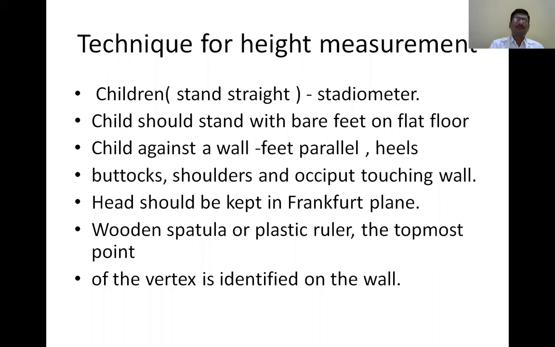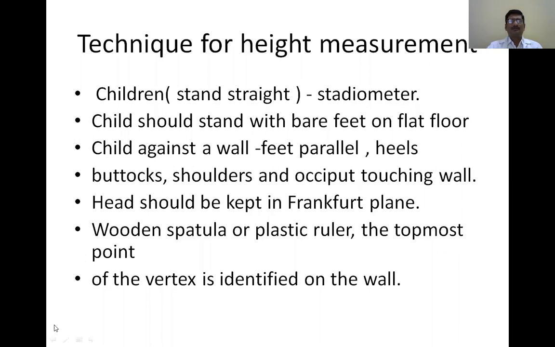Children about 2 years of age who can stand straight, we use a stadiometer, and the child should stand with bare feet on a flat floor. Suppose instead of the meter we are using the wall, the floor should be flat, and the child should be asked to stand against the wall, and both feet should be parallel.